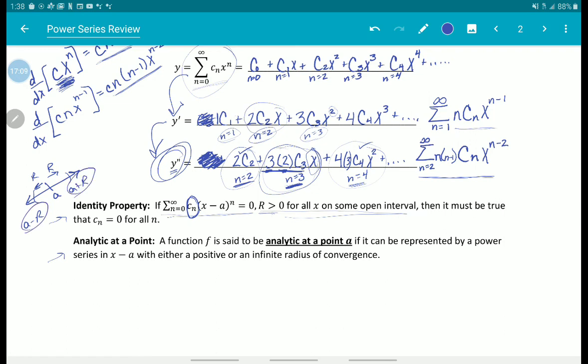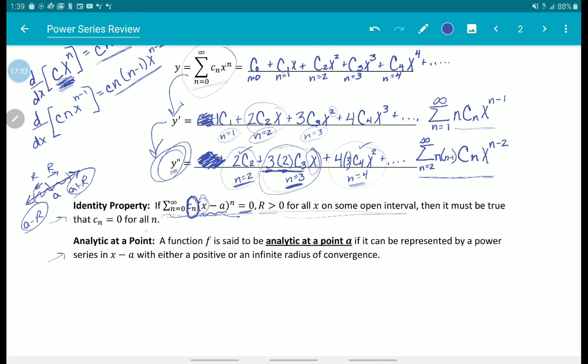It just has to be something other than 0. So it's converging on some interval. Then the only way that I'm going to add a whole bunch of terms in here, if I plug in something other than a, the only way I'm going to add a whole bunch of terms and get 0 is if I'm multiplying all these terms by 0 to begin with. So that's what the identity property says.